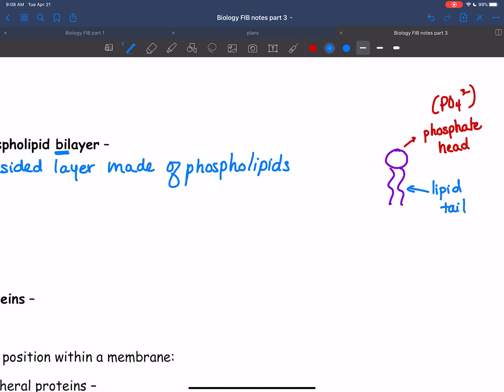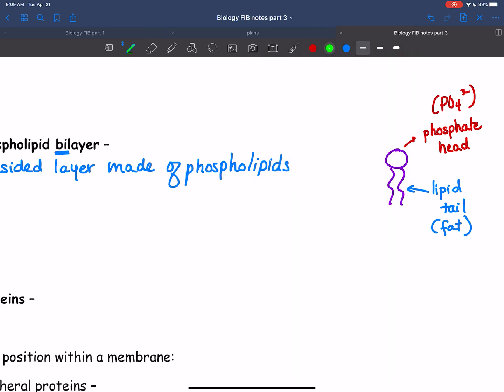Okay, lipid is another word for fat. And so the thing about this phospholipid is, since you have a phosphate head and a lipid tail, you get a molecule that is hydrophobic on one side, doesn't like water, and hydrophilic on the other.